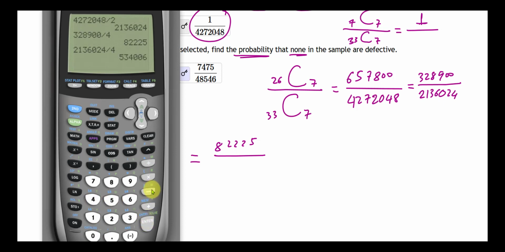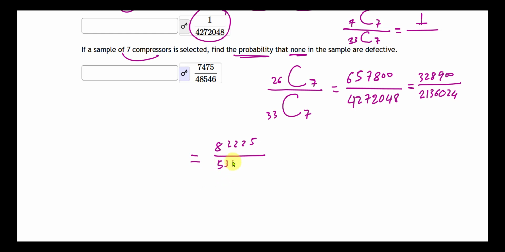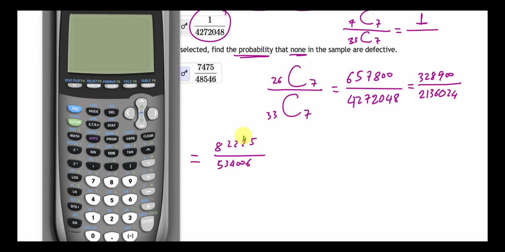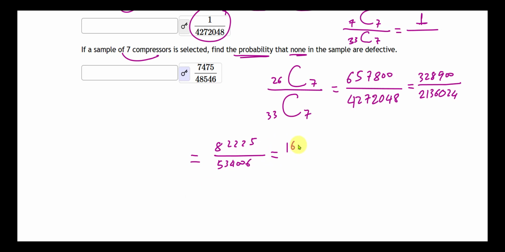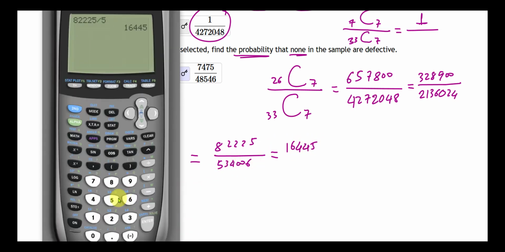I'll get 534006. Now the top is not an even number because of the 5 at the end, so maybe we can try dividing by 5. 82225 divided by 5 is 16445. Then I'll also divide the bottom number by 5, hopefully that will work. No, it won't work because of the 6, so it cannot be divided by 5.